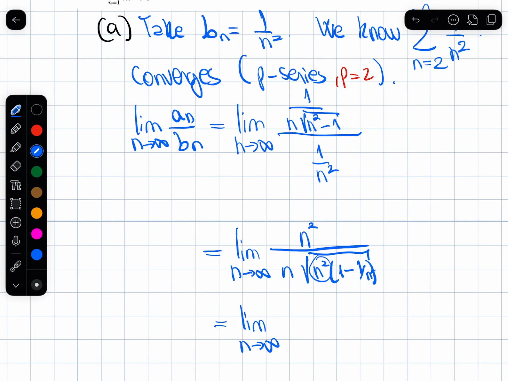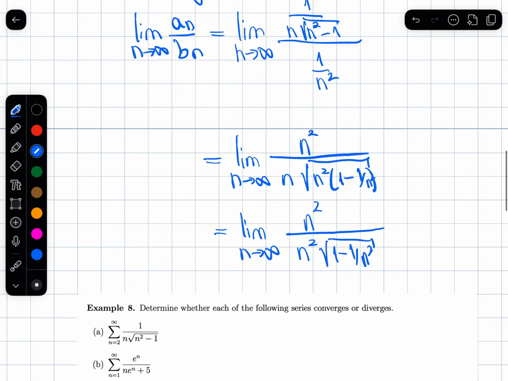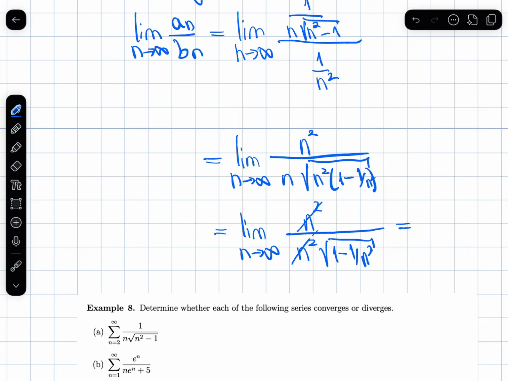This n squared gets to come out of the root and is going to positive infinity, so everything's positive. And so this n that gets out of the root just becomes a single n that multiplies with the n that's already outside to make an n squared that I can then cancel with this. And so this is limit n goes to infinity, 1 over root 1 minus 1 over n squared.